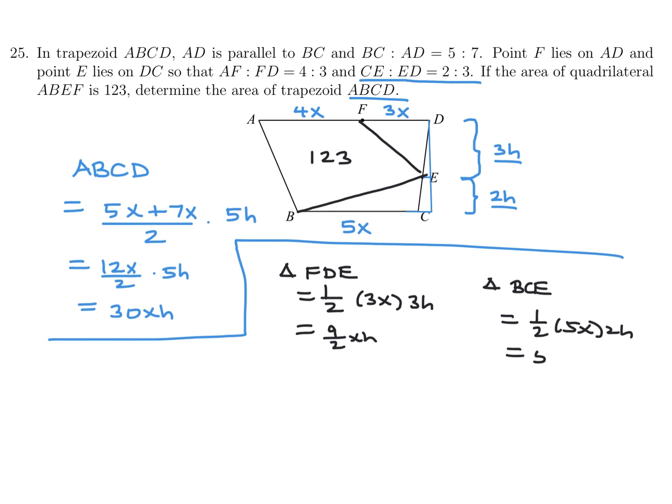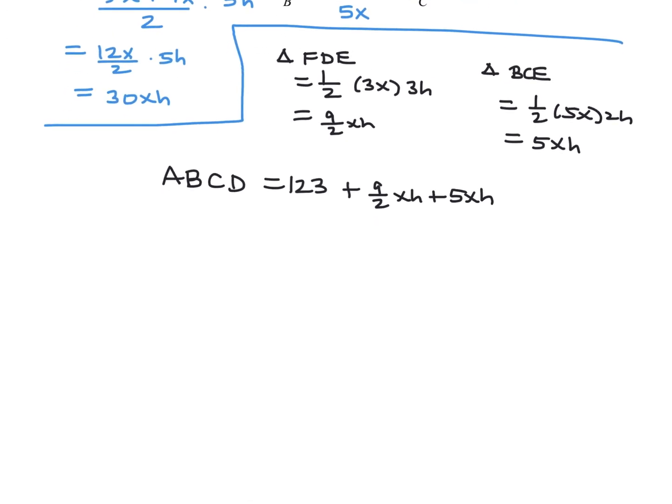So that's going to be 5xh. Correct? So now ABCD is the total. So it's that 123 plus that 9 over 2 xh plus that 5xh. And yeah, and that is 30xh.